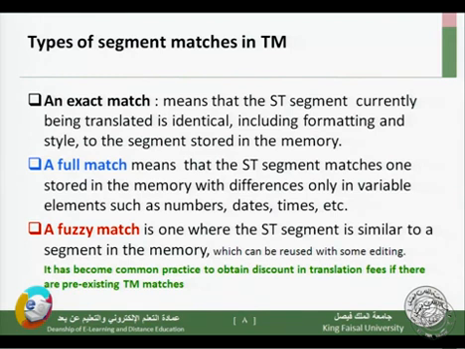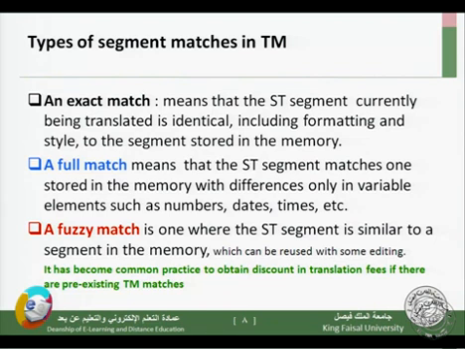Now, if it has some differences in certain elements such as numbers, dates, times, and so on, then you cannot say it is an exact match. It is called a full match because there are differences in numbers, in dates, like this. So this is the second type of match. It is called full match.